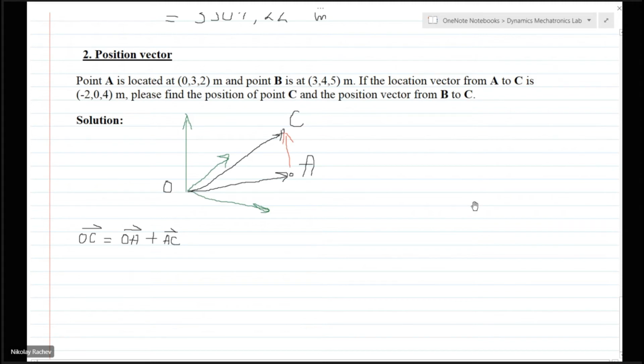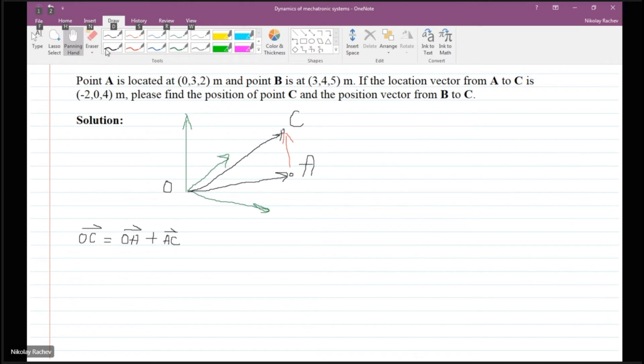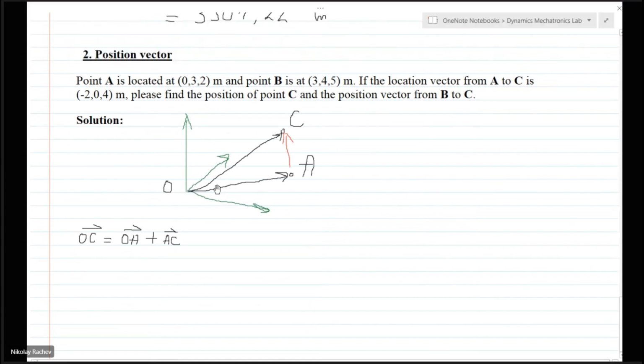Actually, it is correct, but we just check ourselves. Yes, it might be true. Yeah, it is, because we are following the same logic. OA plus AC equal to OC. Well, yes, the resultant vector should be pointed like that. In our case, it doesn't really matter.